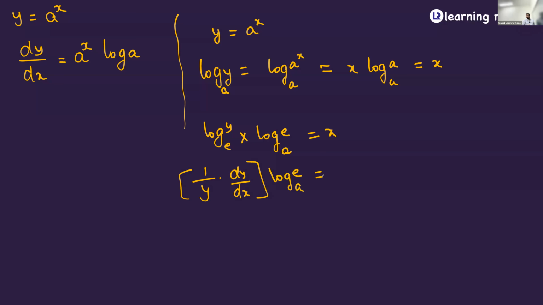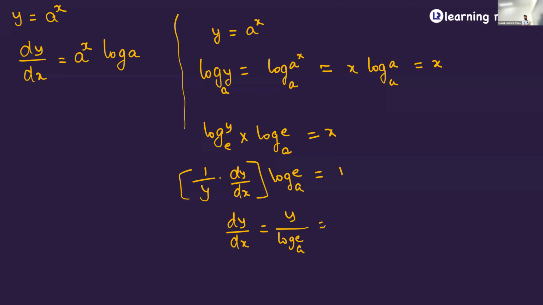This is equal to, what is the derivative of x? 1. So log e base a, can I take it to the other side? And 1 by y, can I take it to the other side? Because all that I need is dy by dx. So dy by dx will be equal to y going to the other side as a multiplication factor, and this goes in the denominator. So y divided by log of e base a.